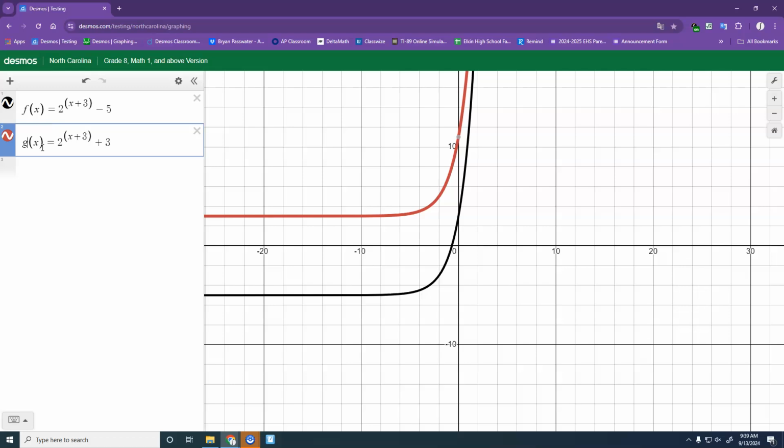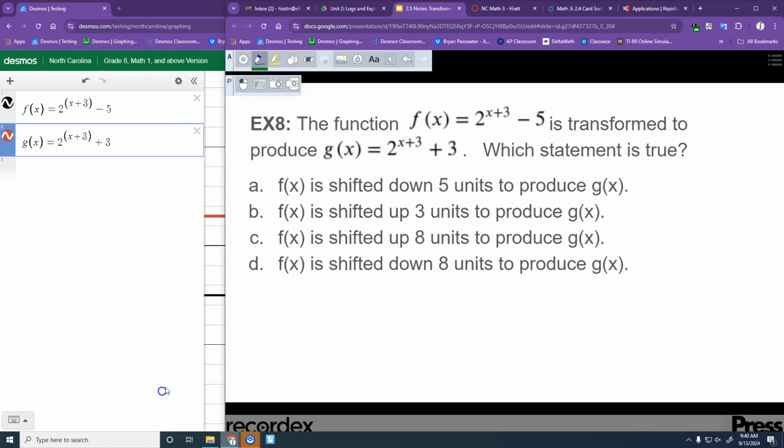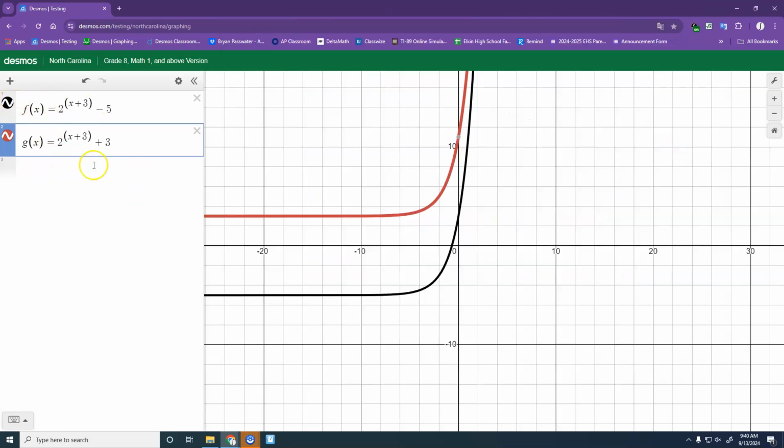Which one's the one I'm starting with? Because that's the difference between C and D, which one I start with. F, because it says here F is shifted. So we're talking about F, so the black graph is the original graph.